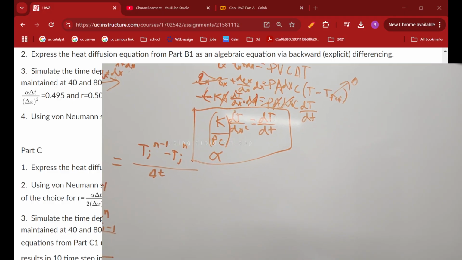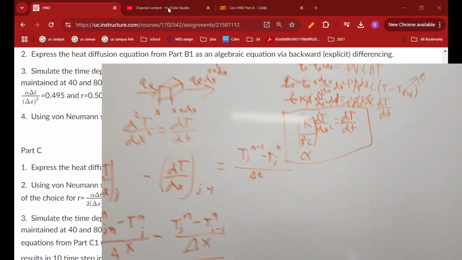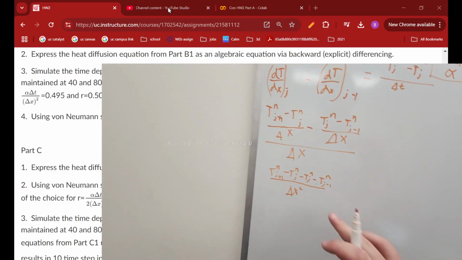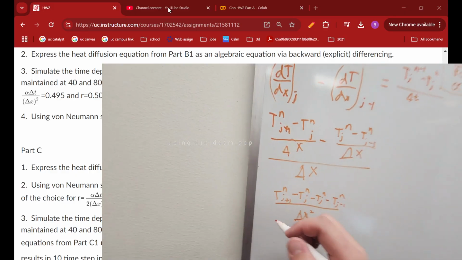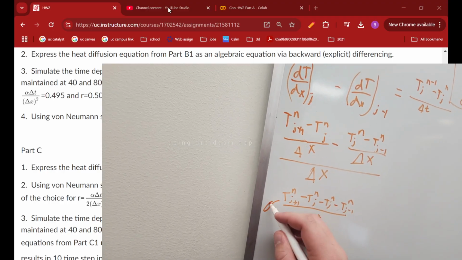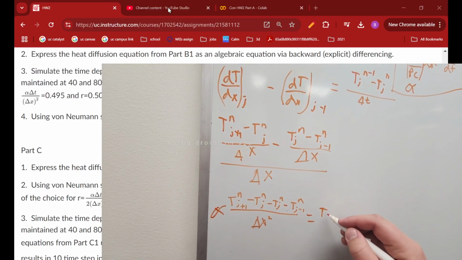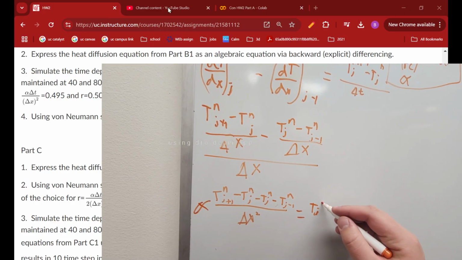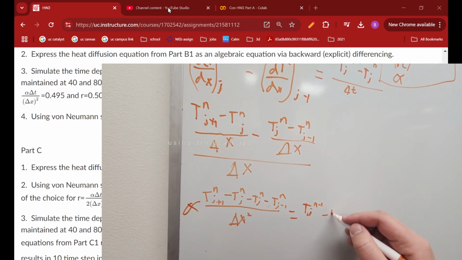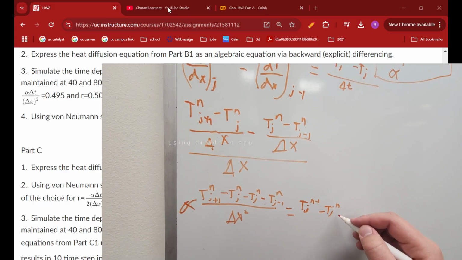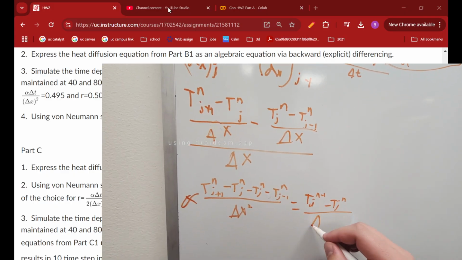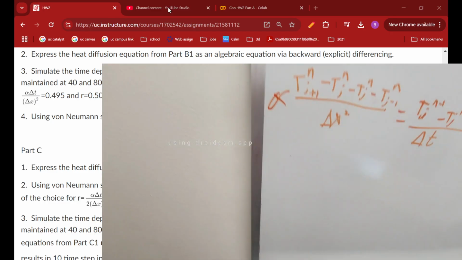Okay, so now, since this is right, we will bring everything back down just to make everything all fine and dandy.